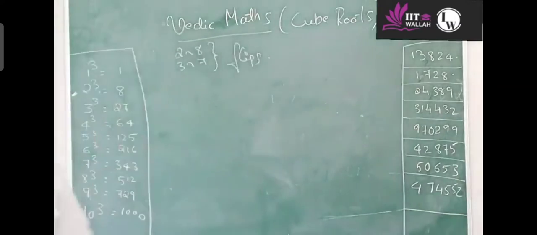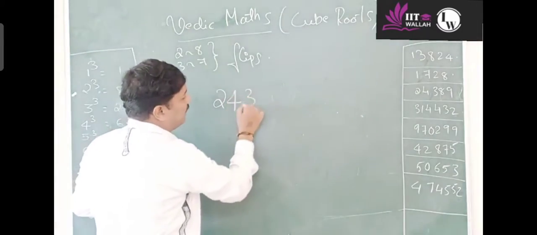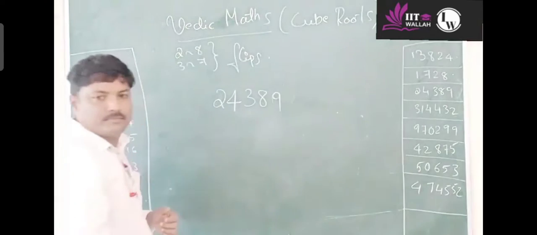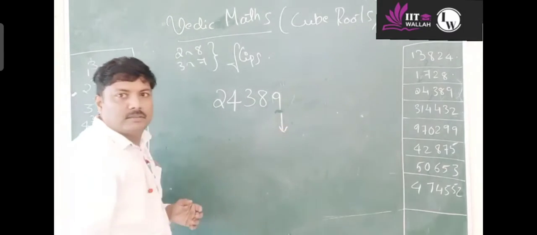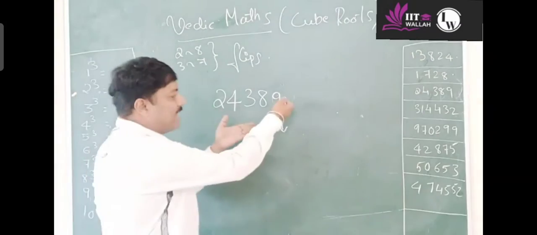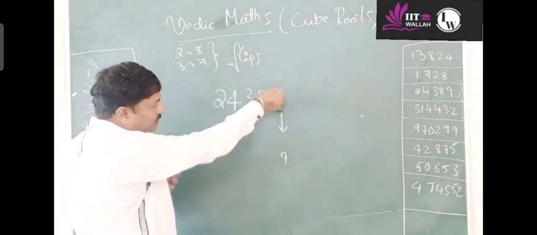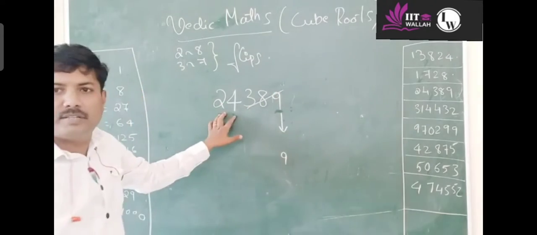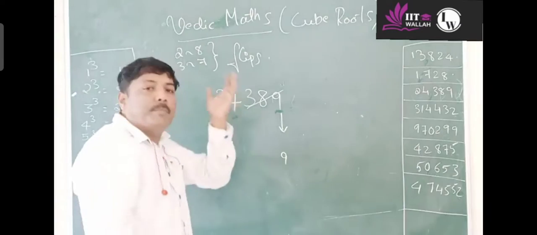Now we need to find the cube root of this number 24389. This number is ending with 9. Okay, so there is no difference. If it is ending with 9, its cube root also ends with 9. Then cut the first 3 digits. Which number is remaining? 24. Now think about the nearest perfect cube below 24.